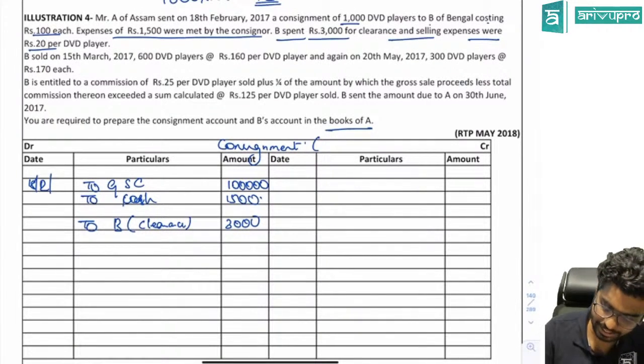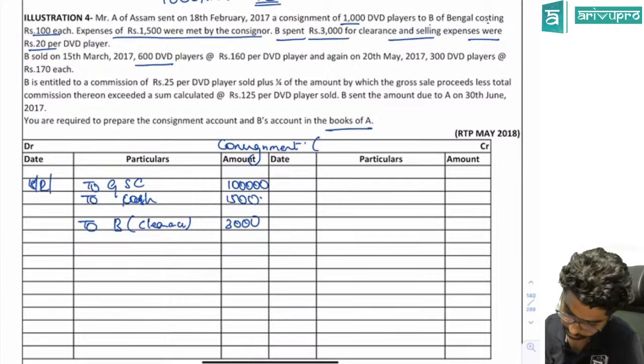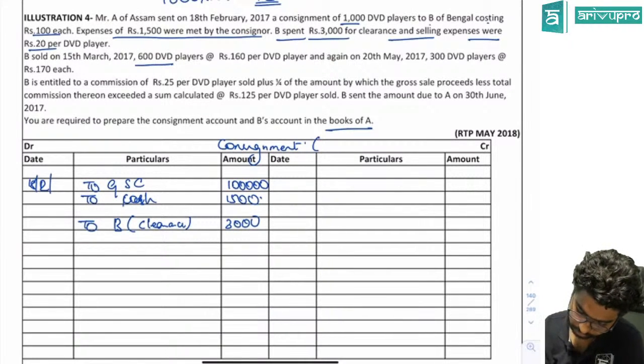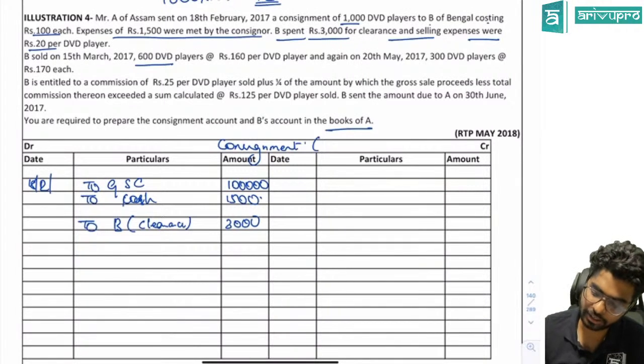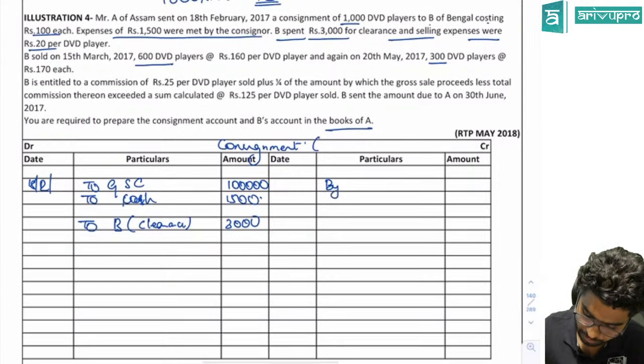To find the selling expense, I have to know how many units were sold. B sold 600 and 300, that is on 15th March and on 20th May.